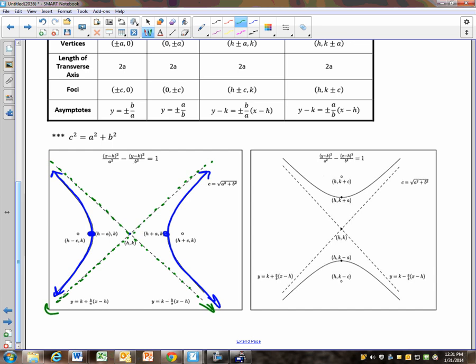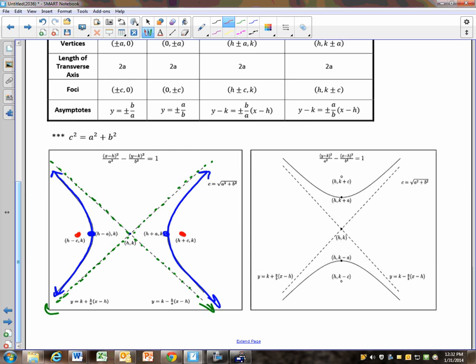We also have these points on the inside that we use to generate the actual graph. Do you know what those are called? Foci. Yep. So it has a lot of the same characteristics. We add in the asymptotes, but a lot of the stuff is going to be the same. Now you can have horizontal or you can have vertical, and that's what we need to look through today.